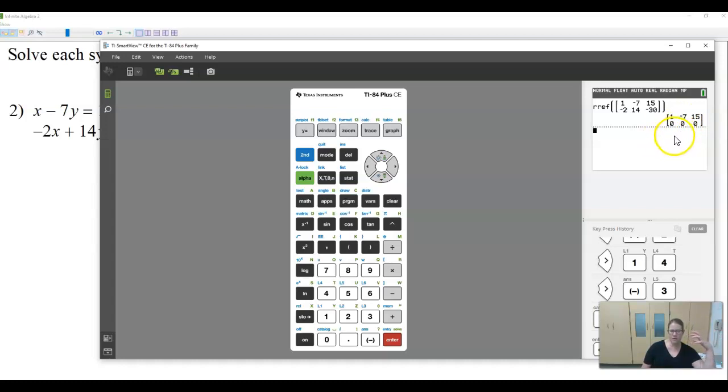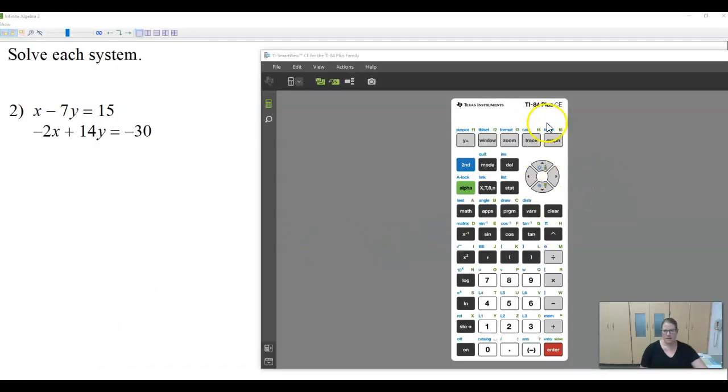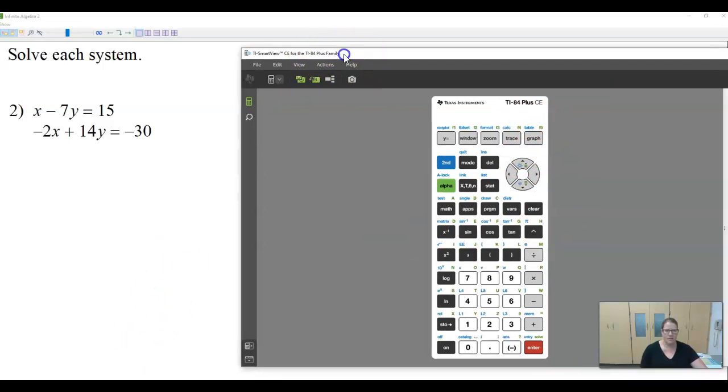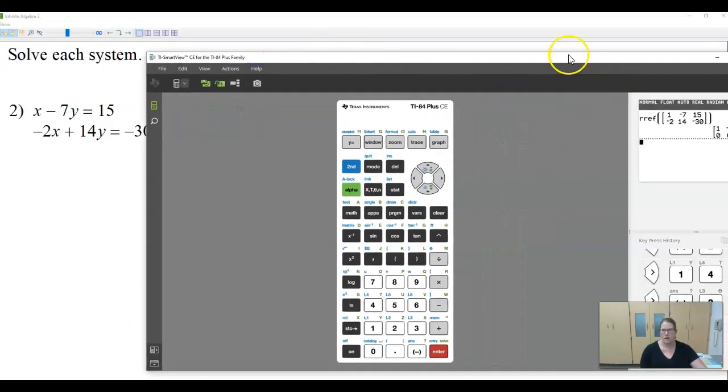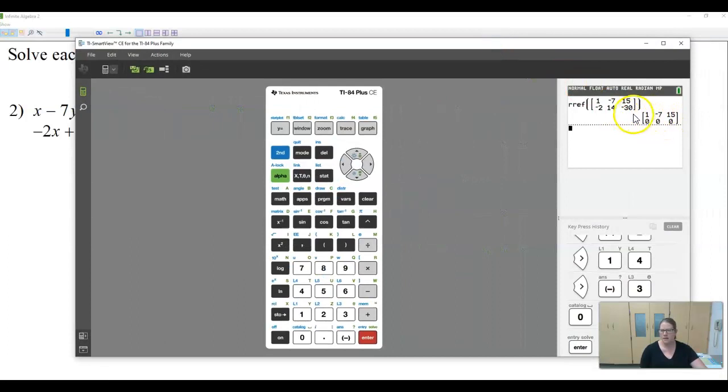Remember, in our linear equations, we either have one solution, no solutions, or infinitely many solutions. So if you see that that whole row goes away like that, then you're going to know that it has infinitely many solutions. It means that the equation basically was a repeat of the other one.